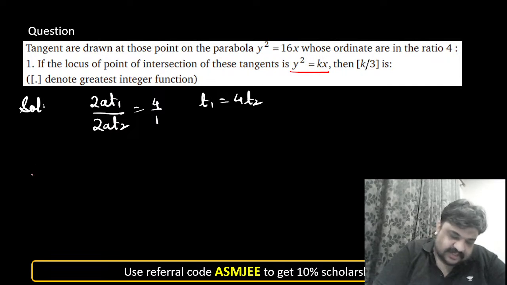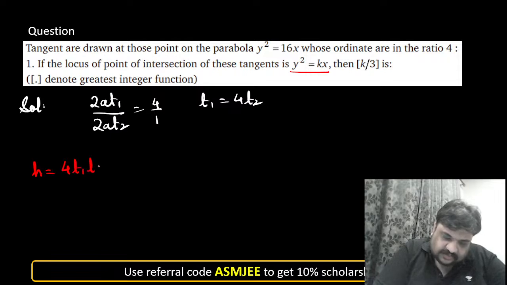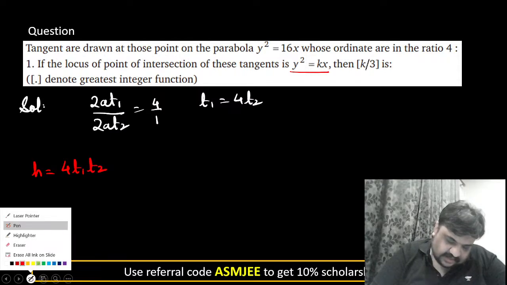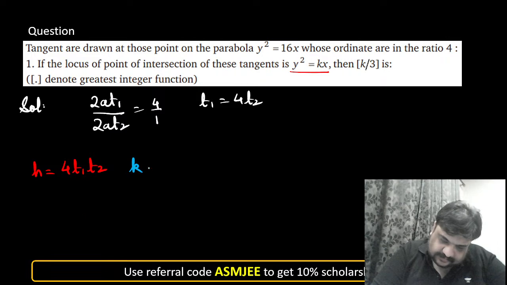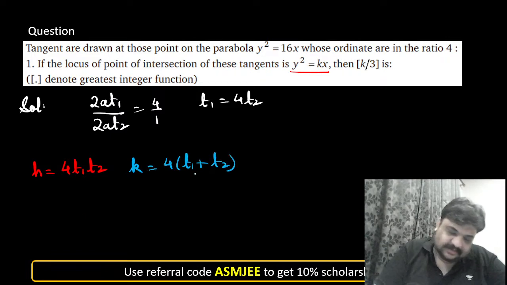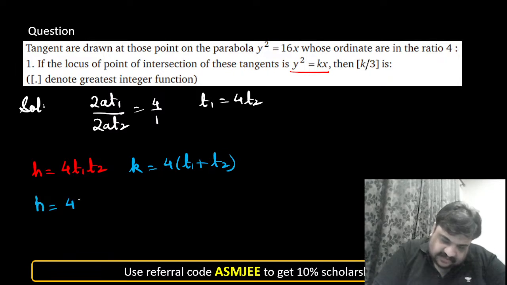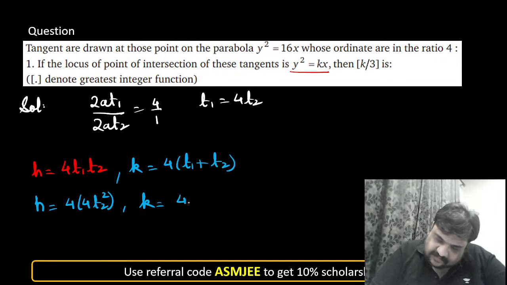So the point of intersection H is (a t1 t2, a(t1 plus t2)), so h is 4 t1 t2 and k is 4 into (t1 plus t2). How easy. So h is 4 t1 which is 4 t2 square, and k is 4 into 5 t2.